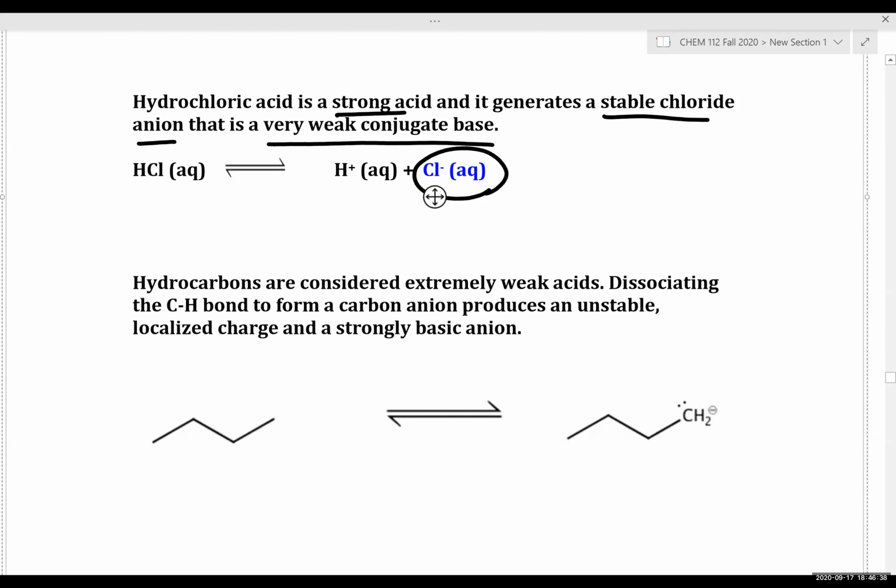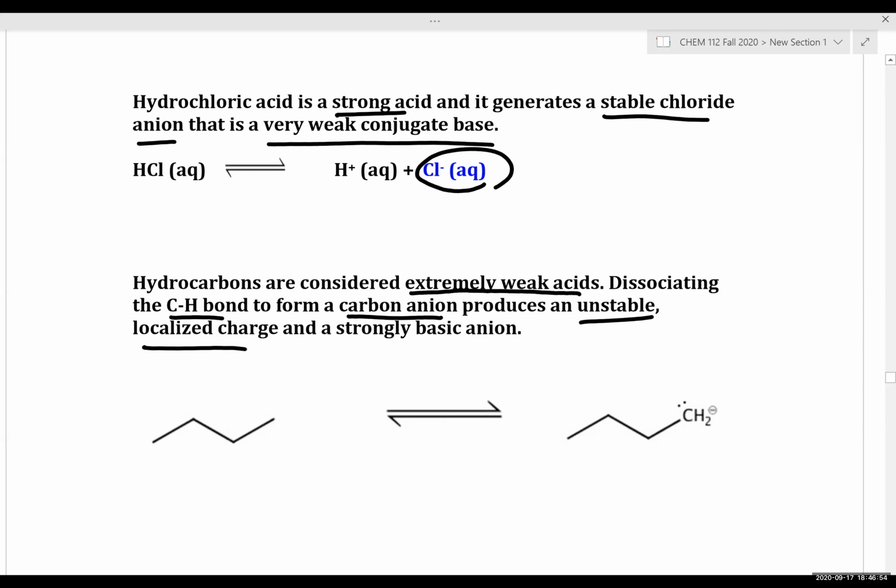Now, let's look at another example. Hydrocarbons are considered extremely weak acids, as if you break their carbon-hydrogen bond, you generate a carbon anion, which is unstable because it has a localized charge and it's on a not very electronegative atom. Is this anion stabilized by resonance or any other effects?